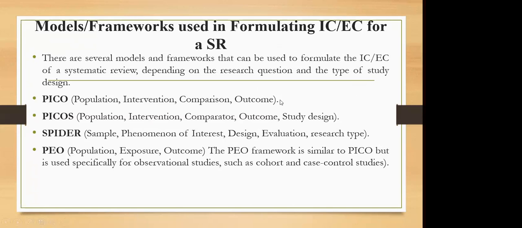But you need to tell us about the study duration, the study setting where it's going to be conducted, and the publication status, the type of publication you're interested in. It is not shown in some of these models, so it needs to be an addition to your systematic review inclusion and exclusion criteria.